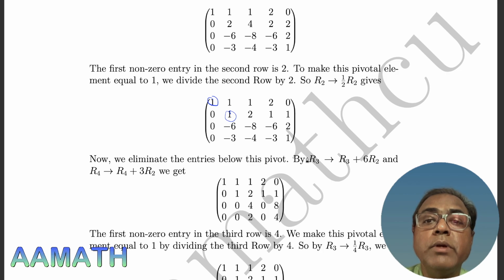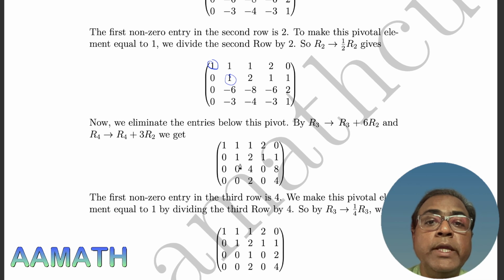So we have the operations: new R3 equal to old R3 plus 6 old R2, and new R4 equal to old R4 plus 3 into old R2. So we get this new matrix, with rows 0 0 4 0 8 and 0 0 2 0 4.